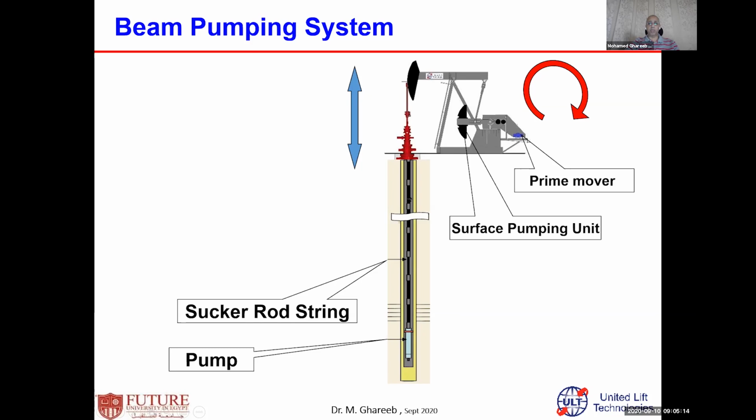This reciprocating motion is transferred through the mechanical link, the sucker rod string, to the downhole pump, which works in reciprocating motion up and down. We said the downhole pump is just a mechanical pump with two main valves, two non-return check valves. Again, each opens by differential pressure and closes by a change in the direction of flow.